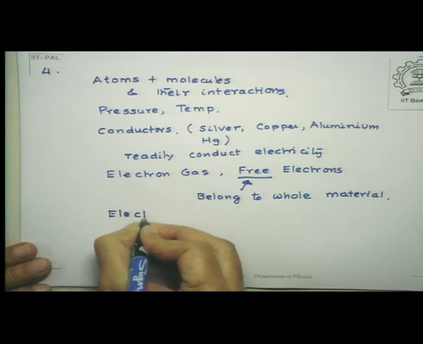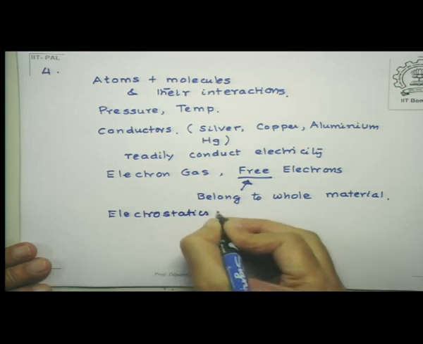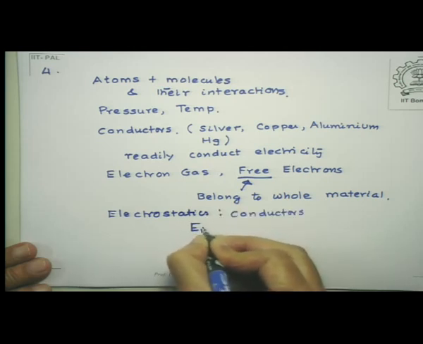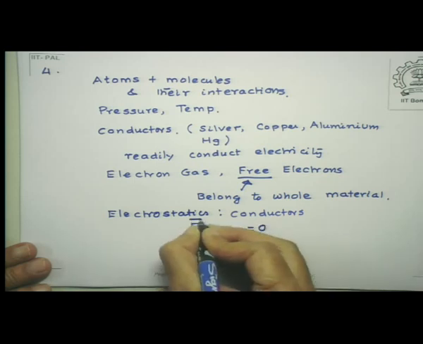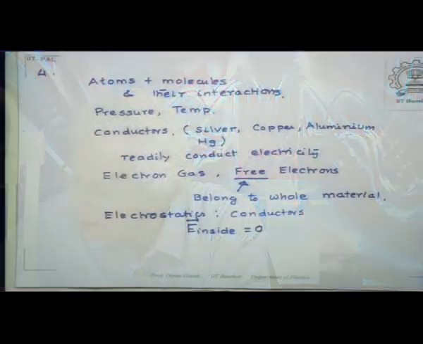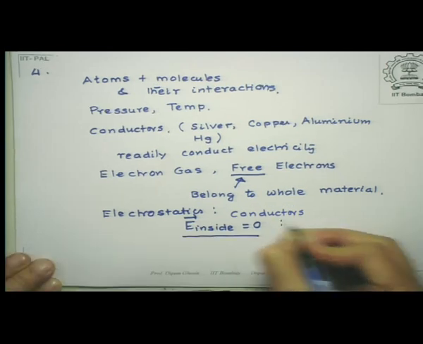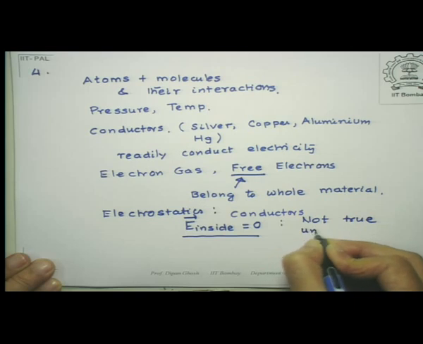So, electrostatics, E inside is 0. What we will see now is that under dynamic condition, this statement will not remain valid. So, I will come back to it again, but we will say not true under dynamic condition.